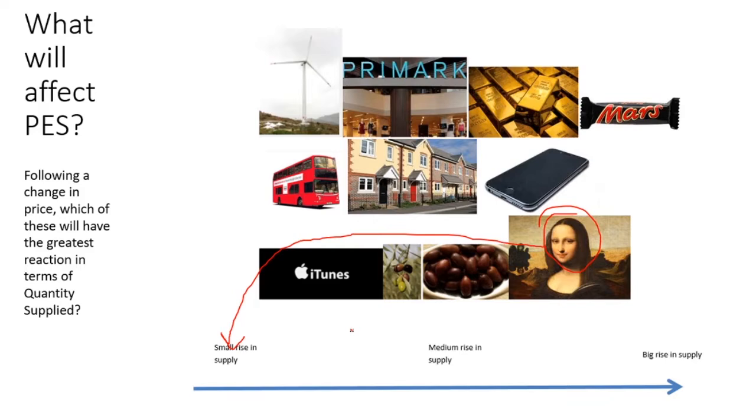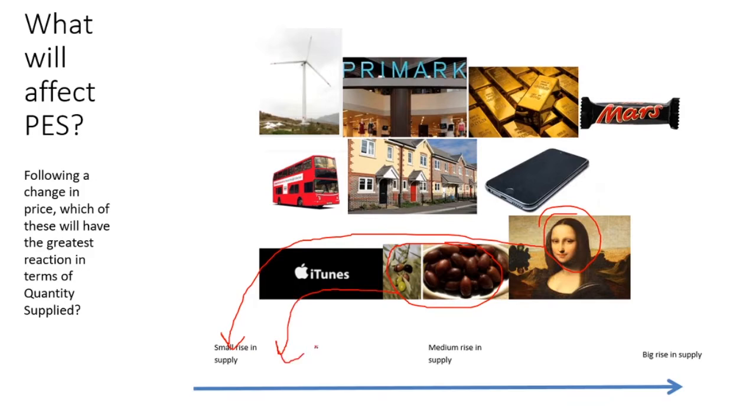Looking through the other parts of this, I think the next one's probably going to be coffee beans. Sorry if you couldn't see that. This is what coffee beans look like when they're being grown, and they're harvested and roasted and turn into coffee. I'm thinking that coffee beans are also going to be fairly difficult to change in terms of quantity supplied.